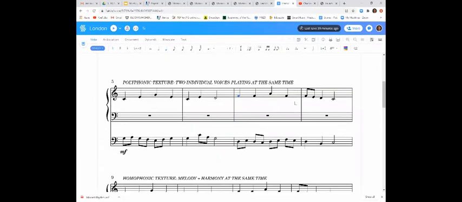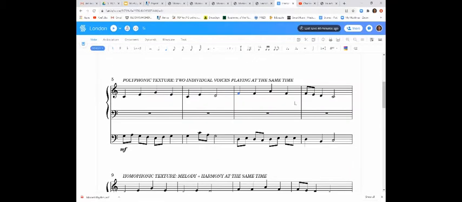Polyphonic is when you hear two different melodies played at the same time. I want to be careful with, I said different, but I didn't mean that. Because you can play, for example, a round, like Row, Row, Row Your Boat, which is the same melody. A round is a piece where everyone plays or sings the same part at different times.